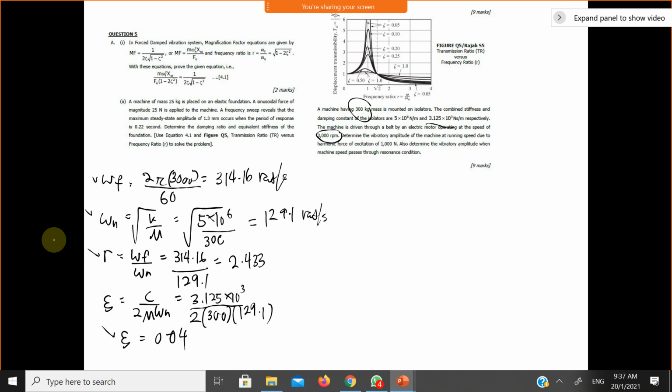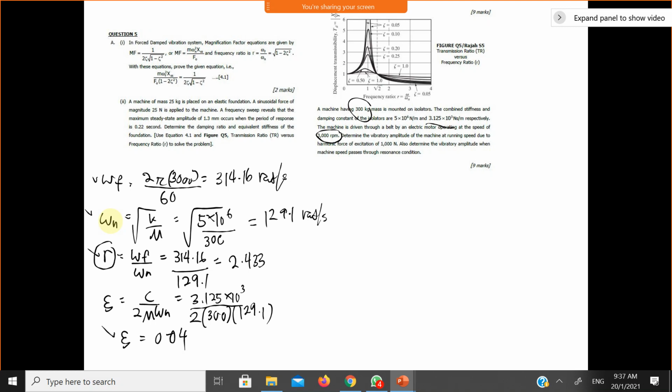Then back to our condition based on frequency ratio R. R is the frequency ratio, zeta is the damping ratio.